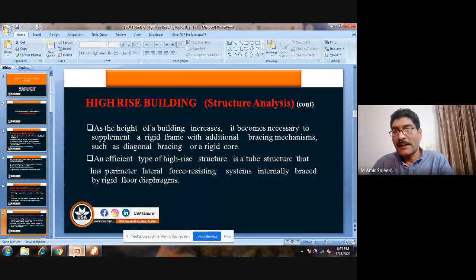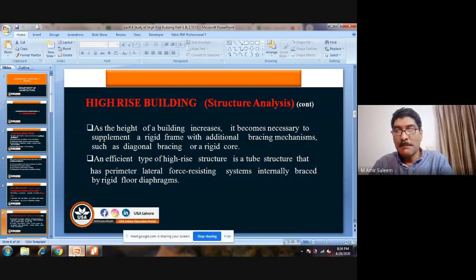So an efficient type of high-rise building structure is the tube structure. We come to the solutions, and we think the tube is the best solution. It is safe from lateral forces and resists them, and all other columns and beams are directly linked with that tube, which faces the structural forces, and all are internally attached with a brace system.